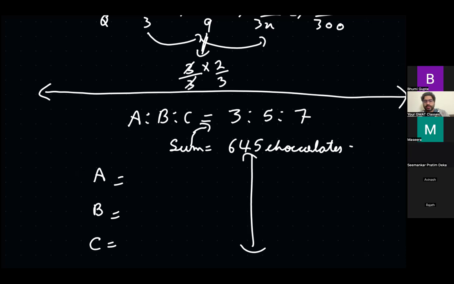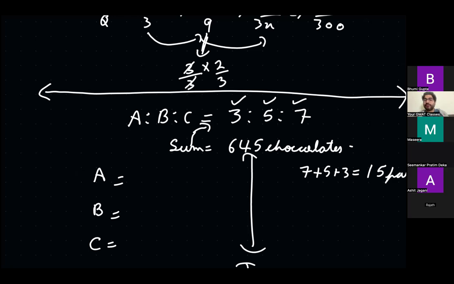Number one is, let's understand this conceptually. I need to make 3 parts, 5 parts, and 7 parts of the total of 645 chocolates. Do all of you agree to that? I need to divide the total chocolates and then give 3 parts to A, 5 parts to B, and 7 parts to C. Now, if I add this up, 7 plus 5 plus 3, I have to make 15 parts of it, class.